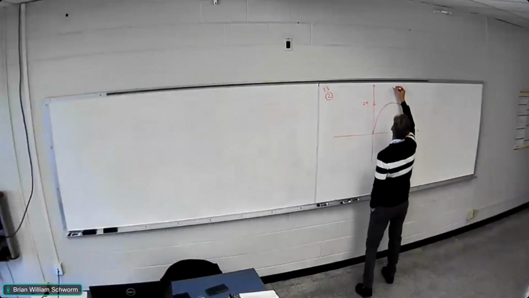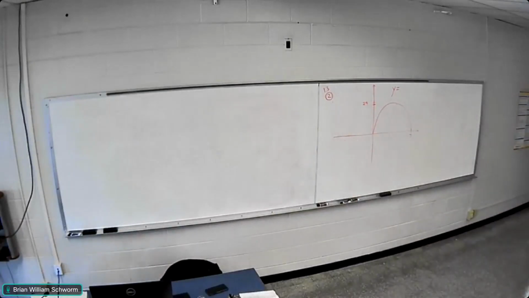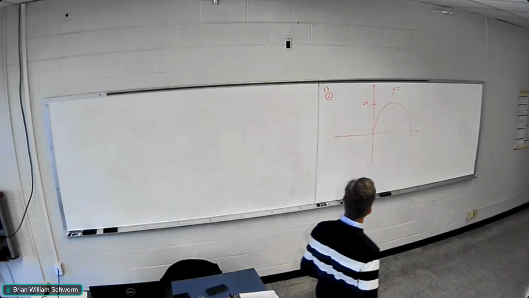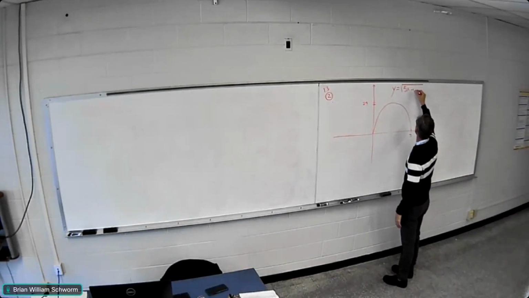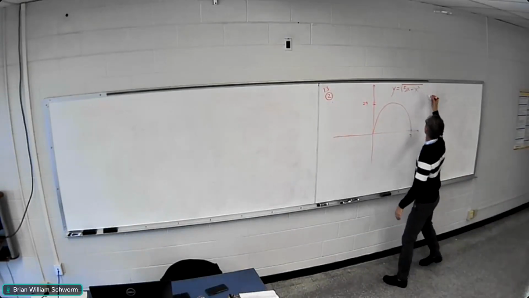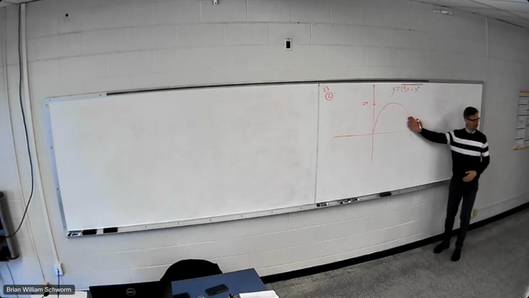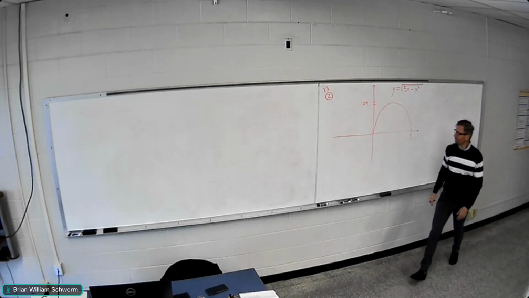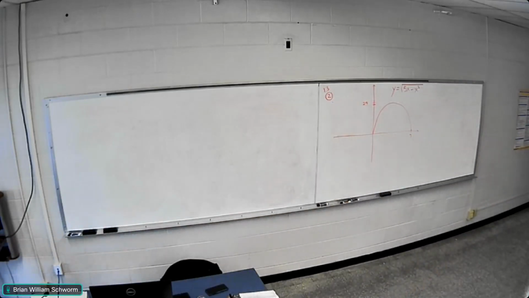And they tell us the equation is y equals square root of x minus x squared. So that's the equation of this graph. And then also there's another graph on there.